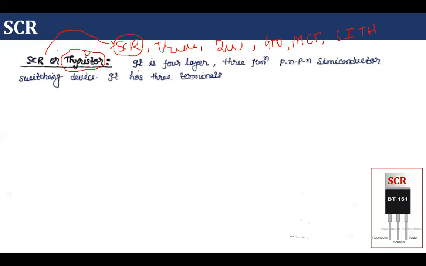So what is SCR? It is a 4-layer, 3-junction PNPN semiconductor switching device. It has 3 terminals: anode, cathode, and gate. In a diode, we have only 2 terminals, anode and cathode, but here we have 3.